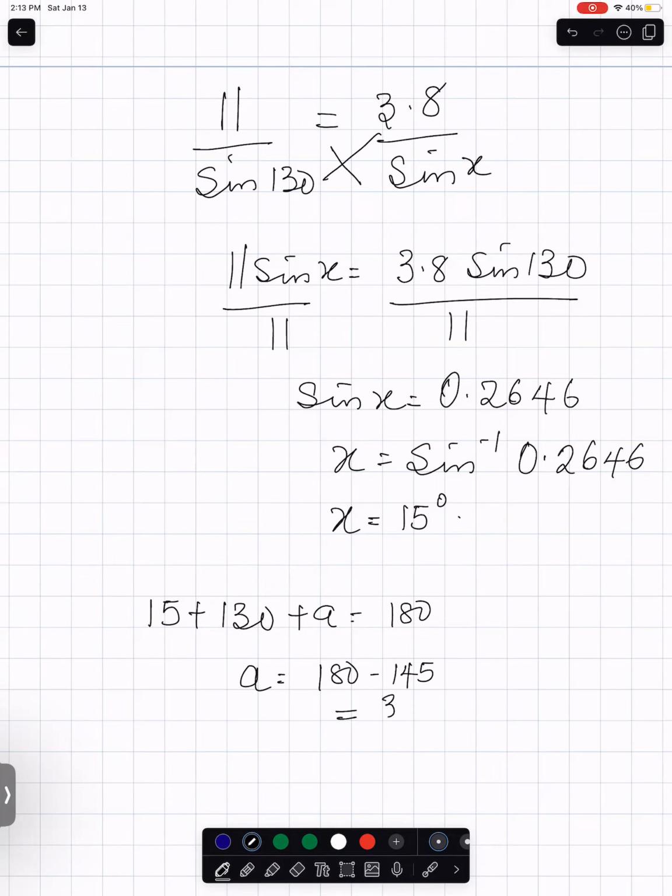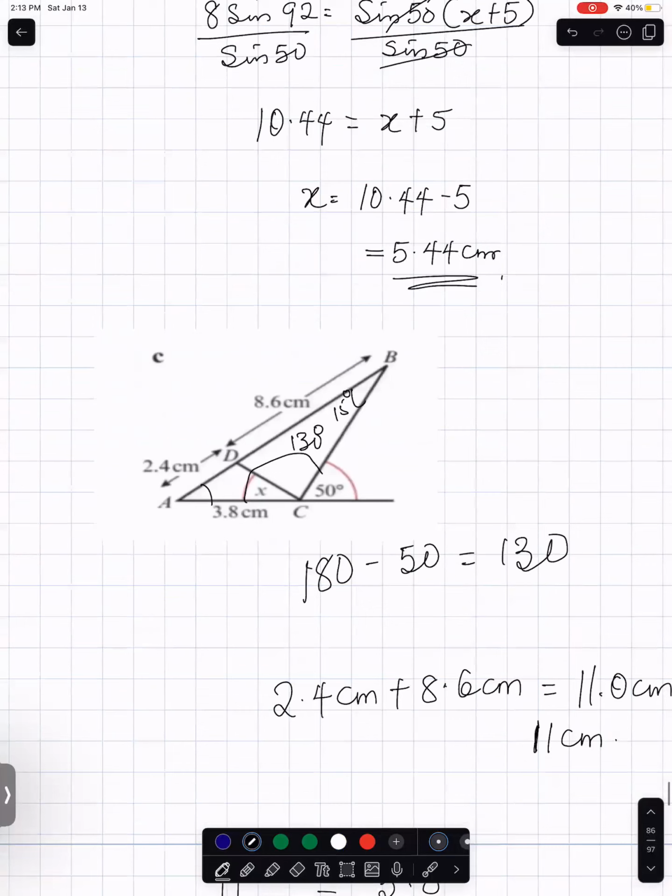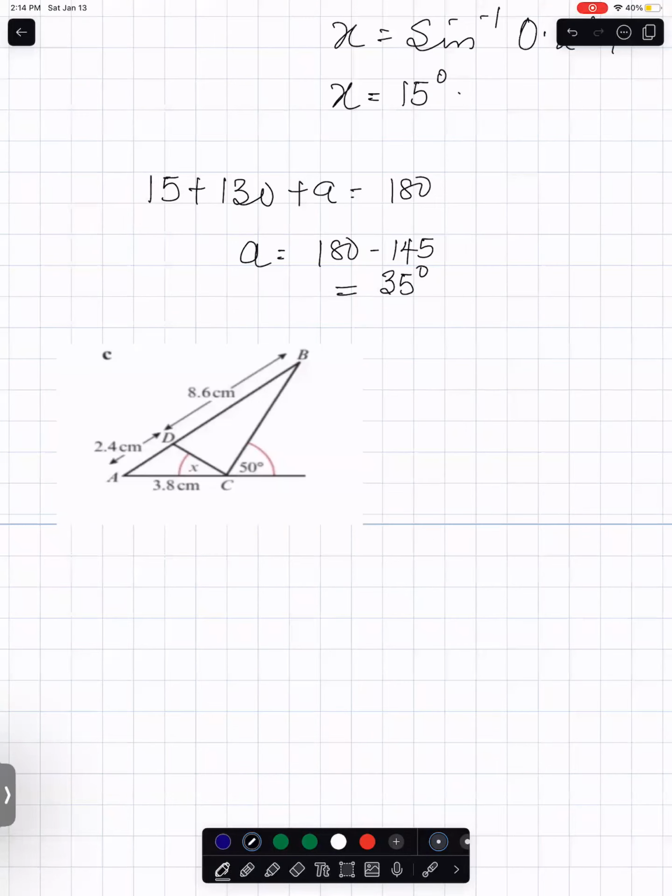That gives 35 degrees. So this angle here is 35 degrees. Having gotten this as 35 degrees and this as 15 degrees, you see we have our A here as 35.